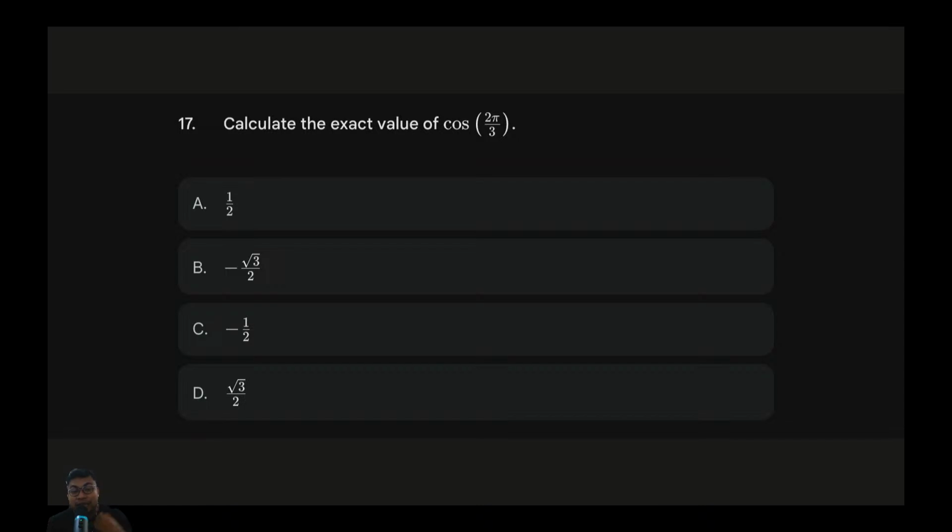For 17, calculate the exact value of cos 2 pi over 3. First I want you to imagine the unit circle.